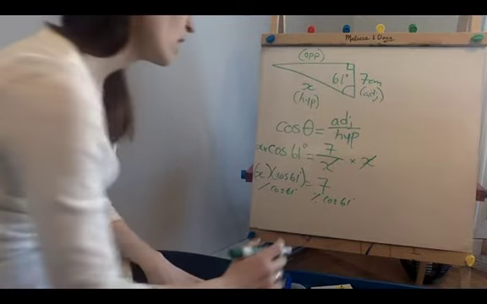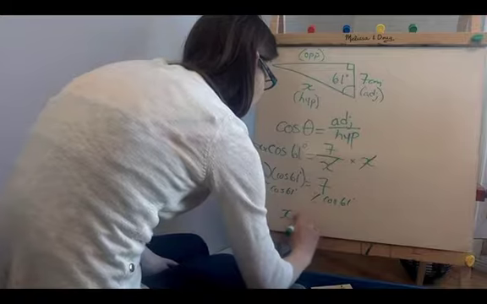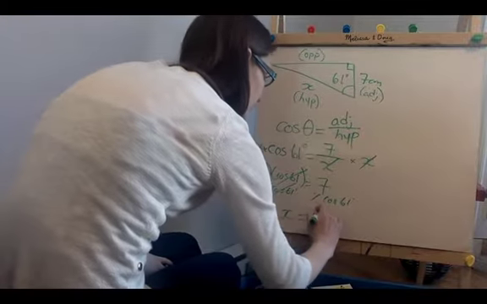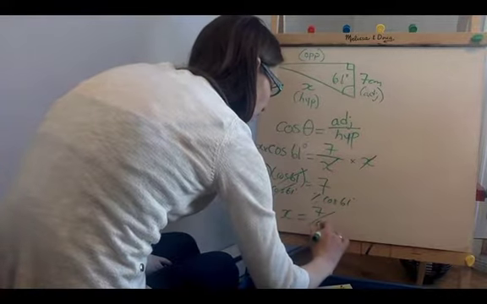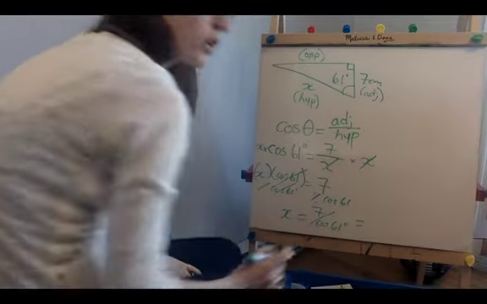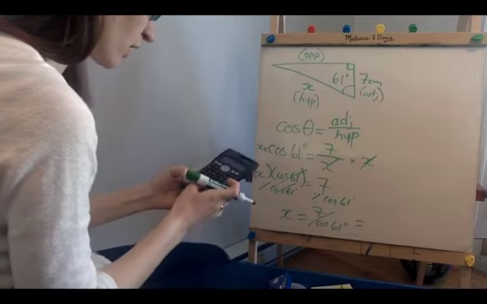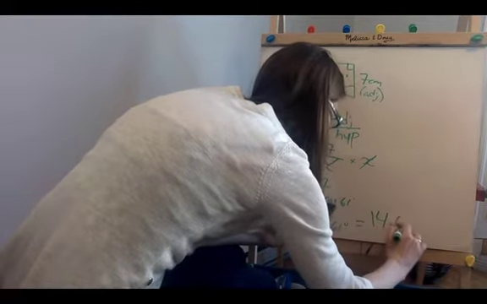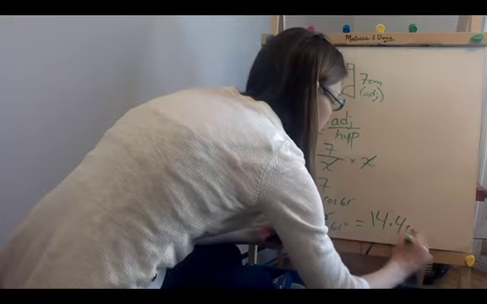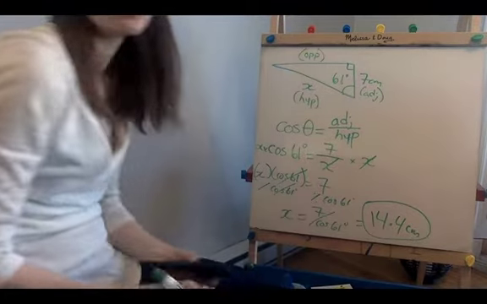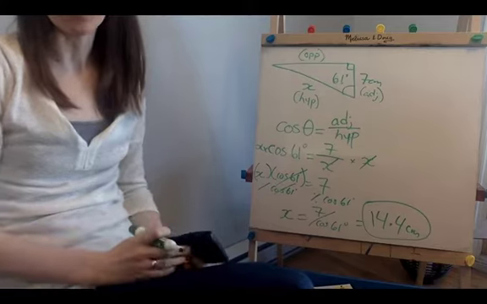So x then equals, these would cancel, 7 divided by the cosine of 61 degrees. And I can just put in my calculator 7 divided by cosine 61, and we get a value of 14.4 centimeters as the length of our hypotenuse.